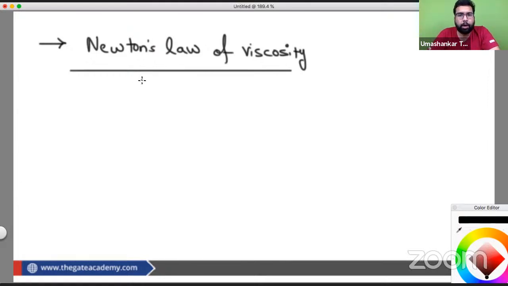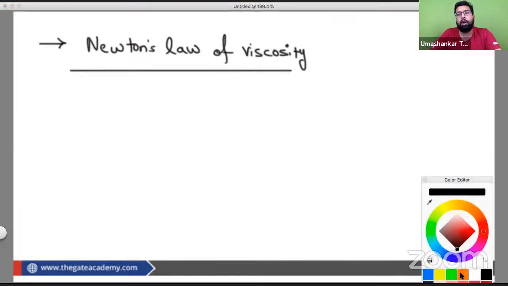Do you agree? In GATE previous year questions we see a lot of questions on Newton's law of viscosity. Those who are live can tell me what Newton's law of viscosity is, so we can have an interaction here.